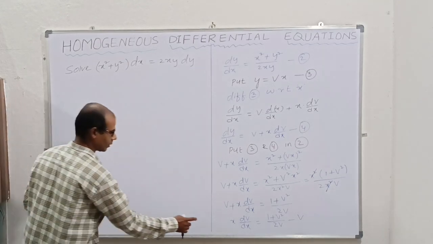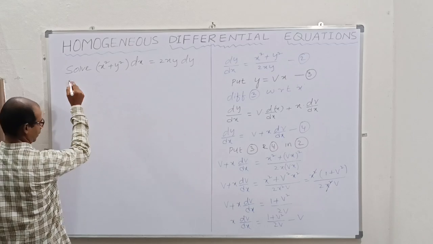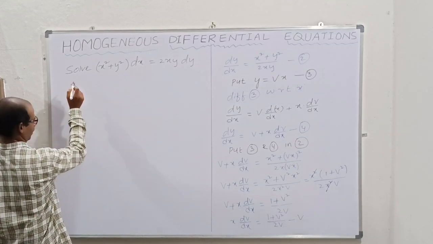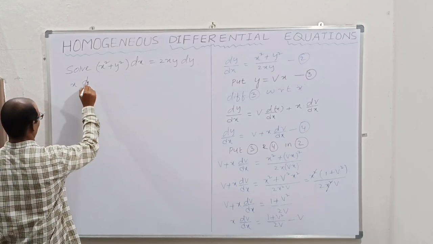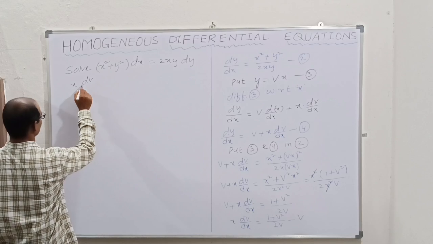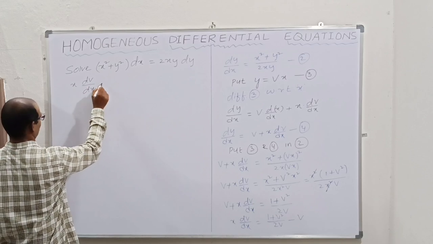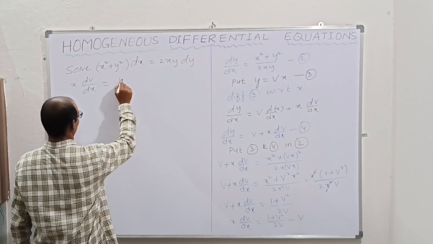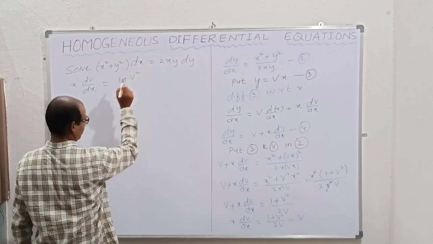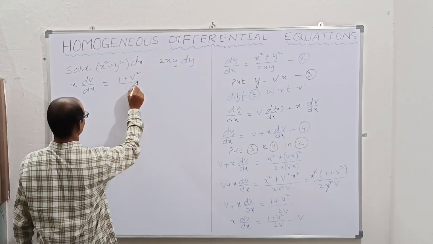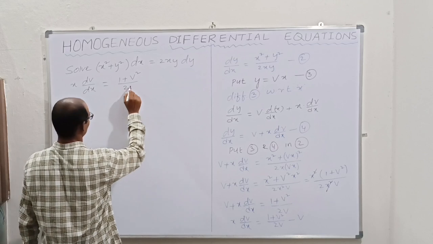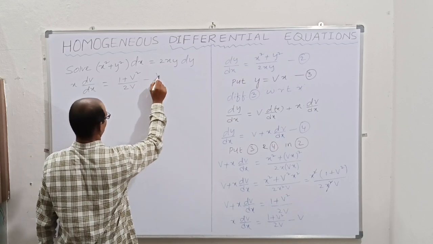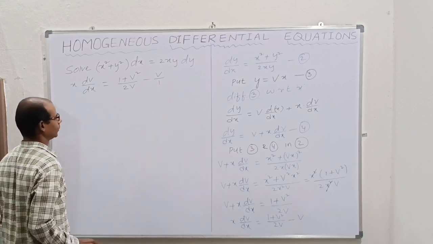Now we have to simplify this one. So x dv upon dx is equal to 1 plus v square upon 2v minus v upon 1.